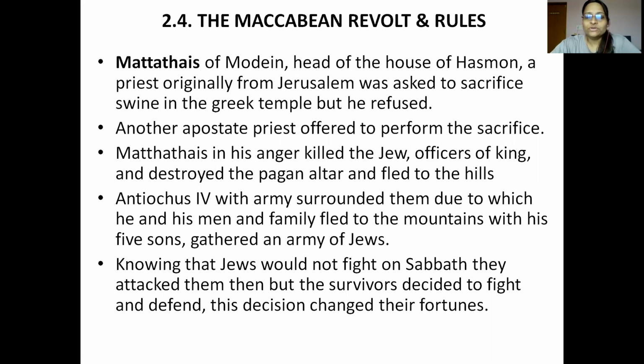What we are going to talk about here is the Maccabean revolt and rulers. In the last class, we came to the portion where Antiochus IV was ruling and had started persecution of the Jews.